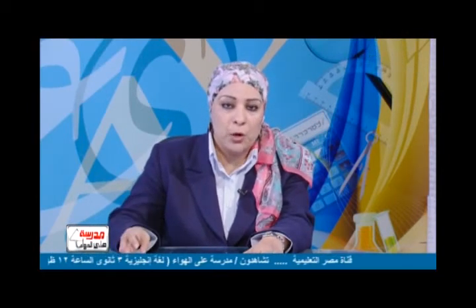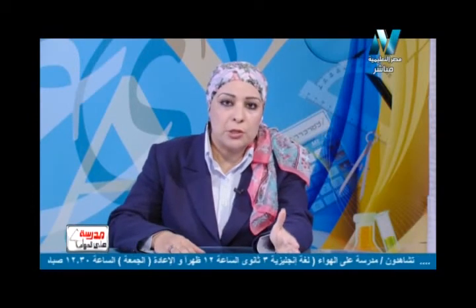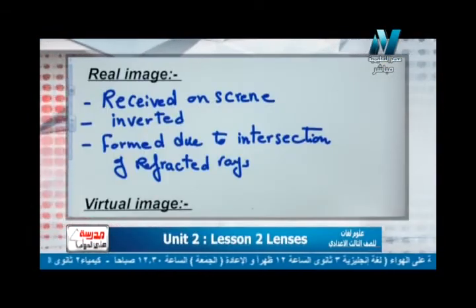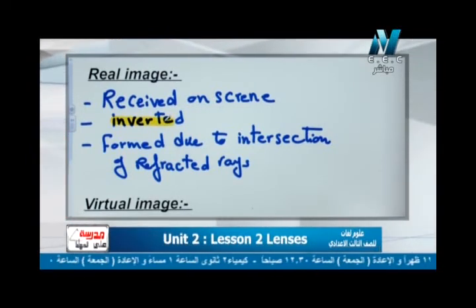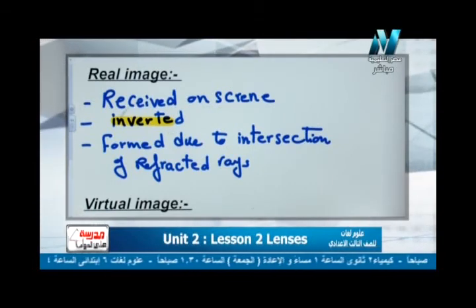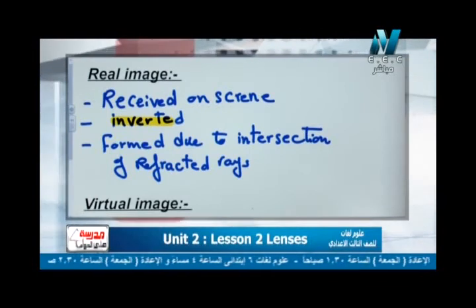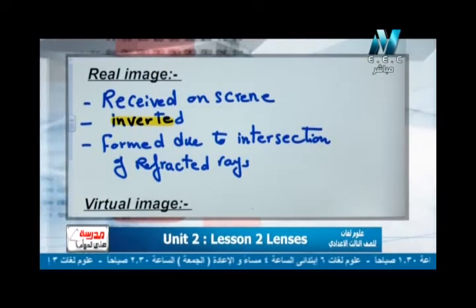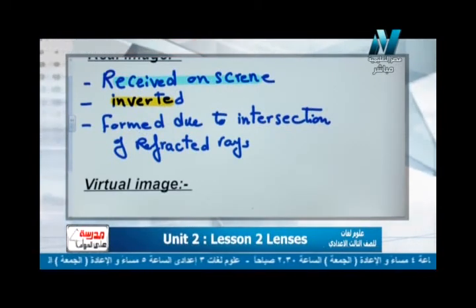Again, number 1, a real image is always inverted, yes, while the virtual image is always upright. The real image is received on a screen, the virtual one is not received on a screen.